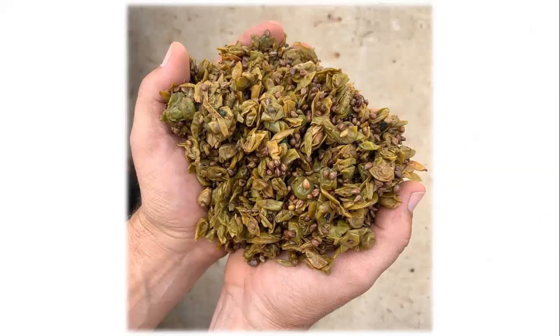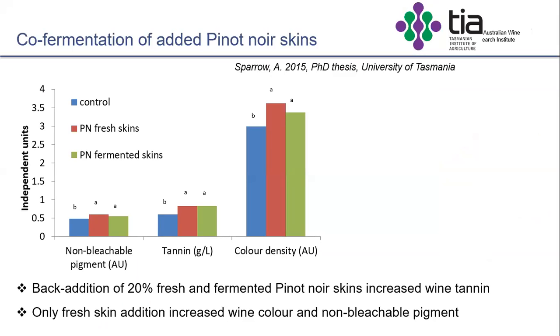That first slide that I showed, we talked about marc addition to wines. It was interesting to find that with the Pinot Noir, we saw a very strong increase in tannin and colour. In the second slide on Shiraz, we actually saw that adding marc to wine stripped out some Shiraz colour. So looking in a bit more detail at Pinot Noir, what kind of marc can we add?